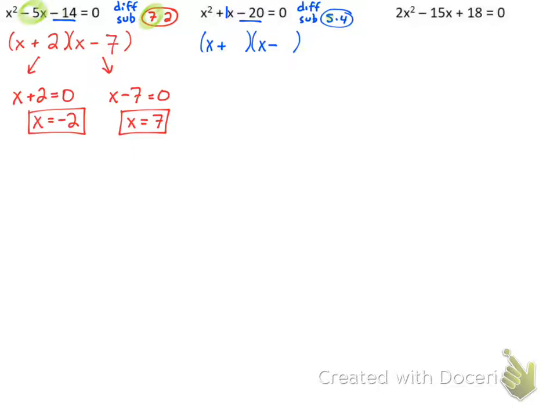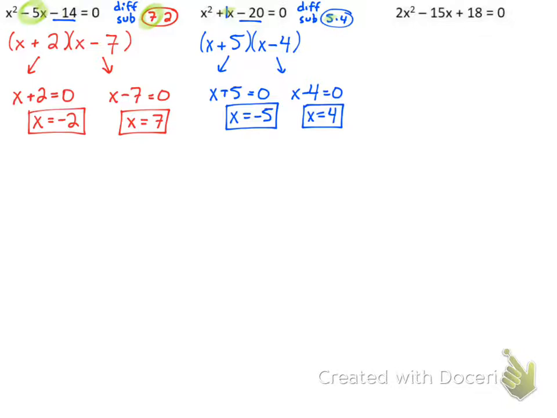Again, bigger number has to be the same sign as my b value, so a positive 5 and a negative 4. Do the arrow thing to solve. So I get x plus 5 is equal to 0, and x minus 4 is equal to 0. So x is equal to negative 5 by subtracting it to the other side, and then x is equal to 4 by adding it to the other side.